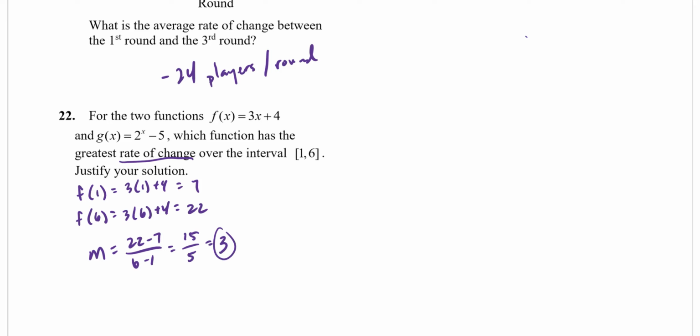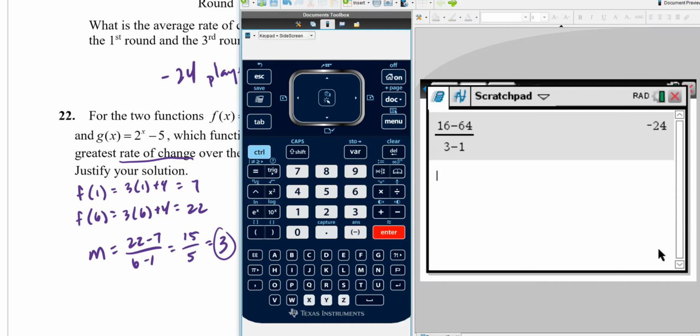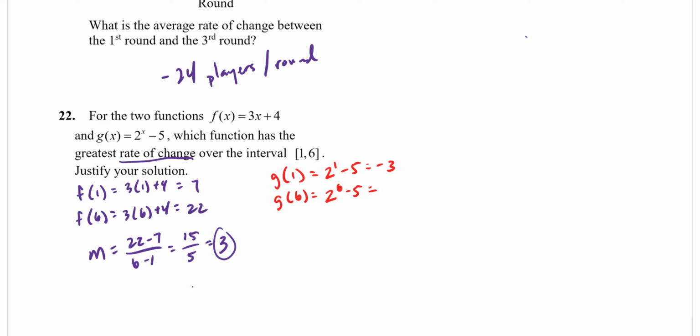We're going to do the same thing, but this time for g of 1 and g of 6. So if I plug in a 1, 2 to the 1 minus 5 is negative 3. And g of 6 is 2 to the 6 minus 5. 2 to the 6 minus 5 is 59.